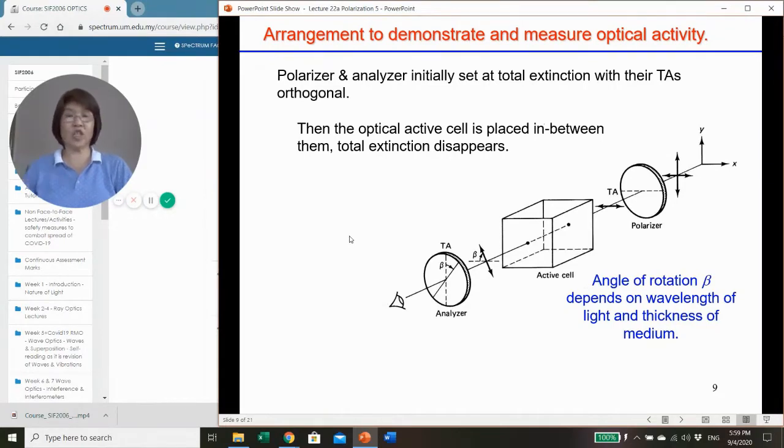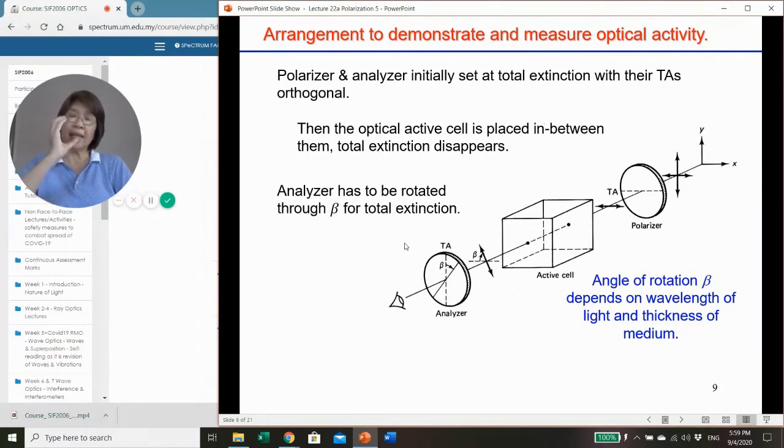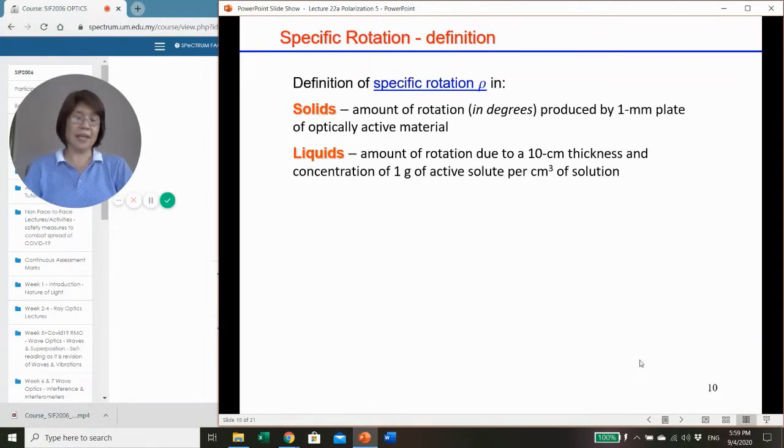So the extinction disappears. So you'll need to rotate the analyzer by an angle beta to get back total extinction. So the angle that you rotate will then be the rotation angle due to optical activity.